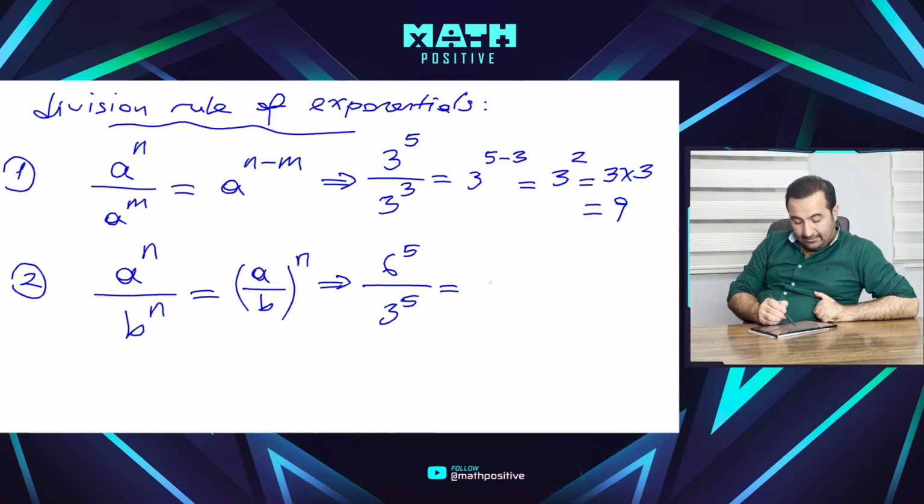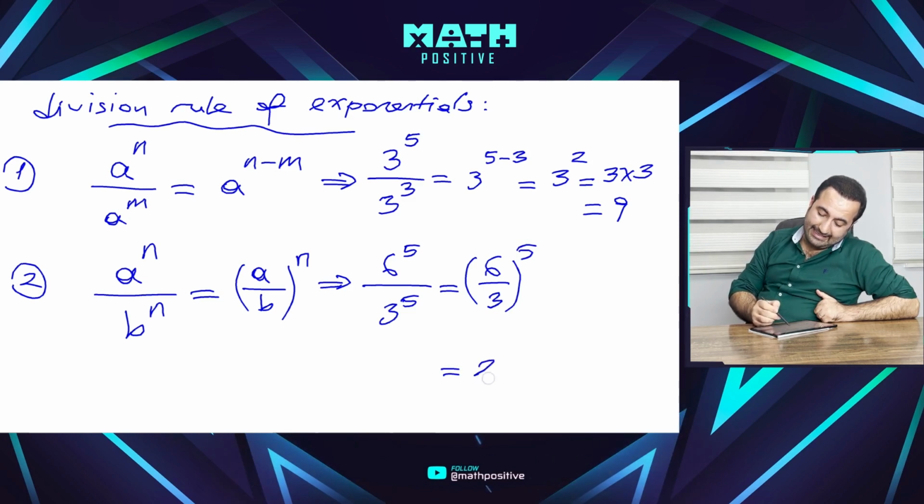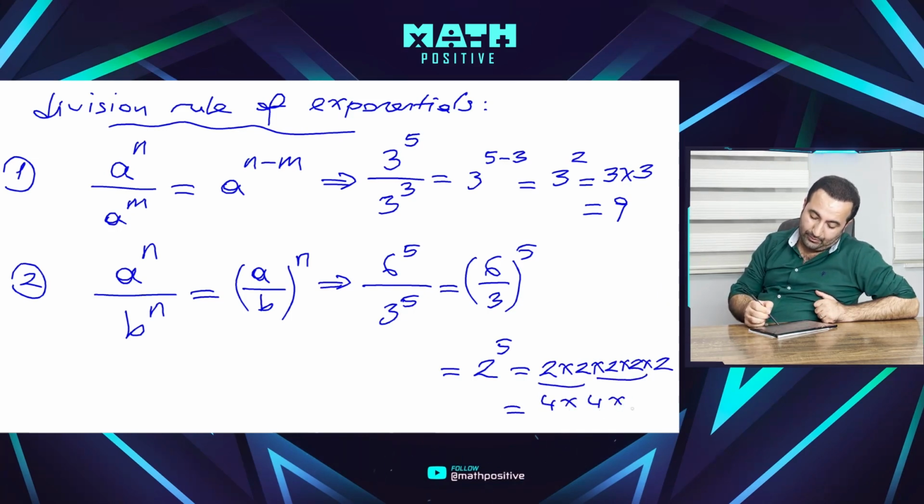Let's see its example. 6 to the power 5 over 3 to the power 5. As we see, the powers are both 5. Then we will divide 6 by 3 and have power 5. If we divide 6 to the 3, we will find 2 to the power 5.